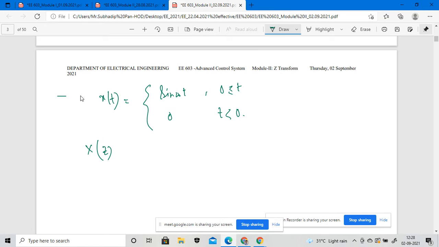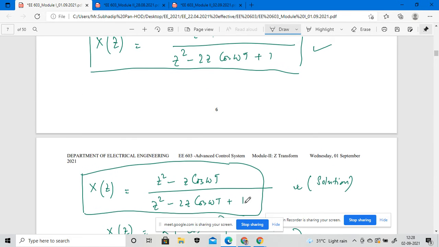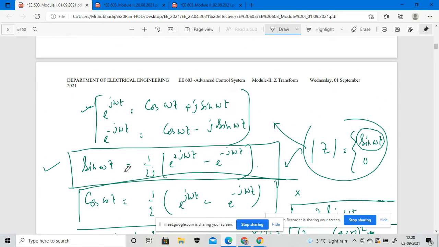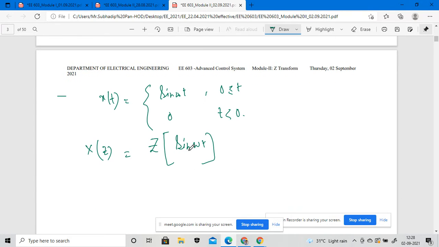So again it will come X of z, that is equal to the z transformation of sine of omega t. Okay, as we already told in the previous lecture, the sine of omega t is equal to 1 by 2j into e to the power j omega t minus e to the power minus j omega t.